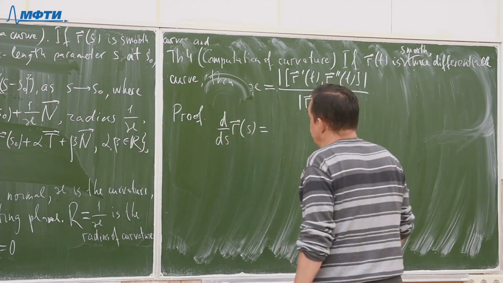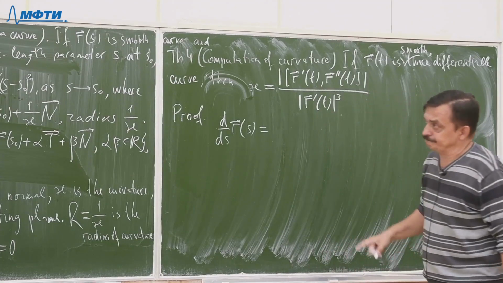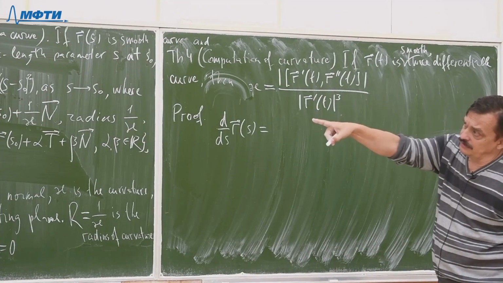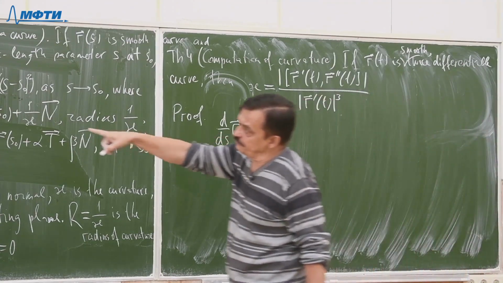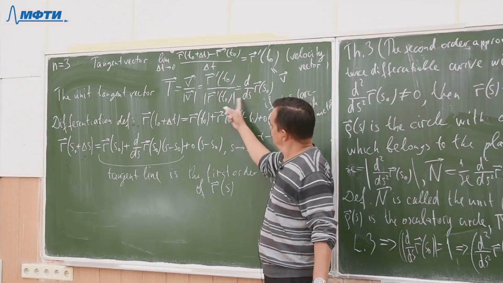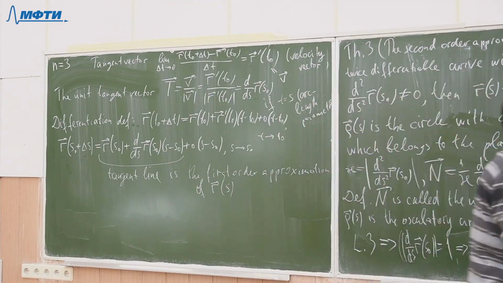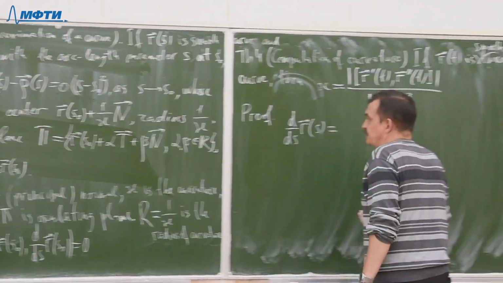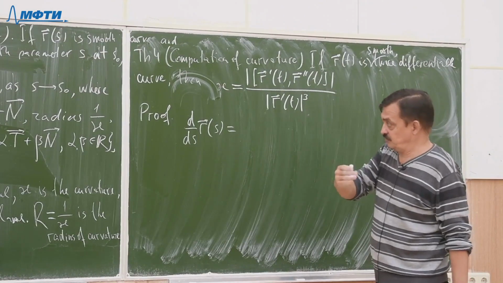It was computed, in fact, let me recall this representation for the unit tangent vector, but now once again let me obtain it with the help of the chain rule.